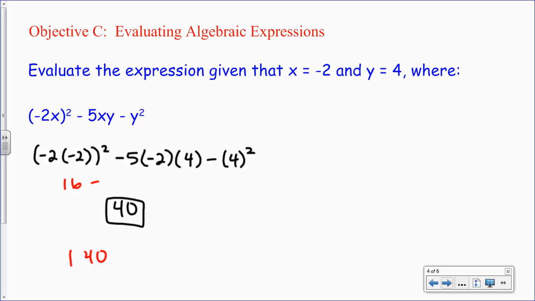So be careful with your negatives and positives and the parentheses. That's why I say do this and then give your answer. Okay.